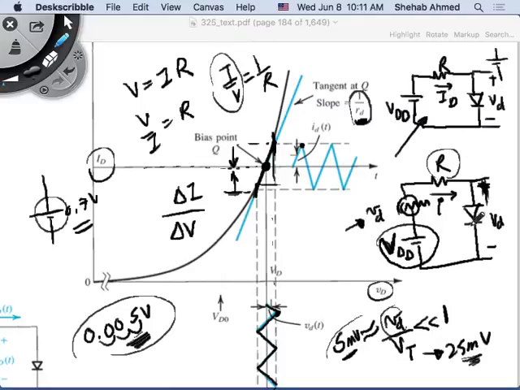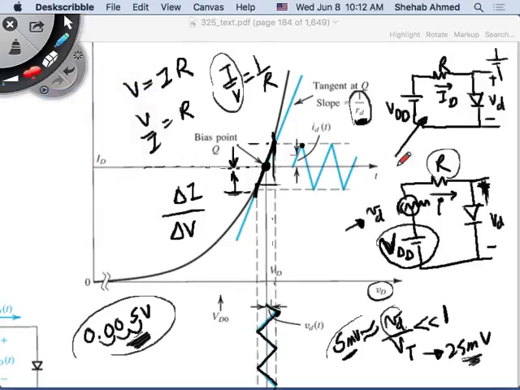But now, what do you do with this? If I'm going to use superposition, that means I'm going to come up with a circuit to represent the effect of this ripple on the diode, right? In superposition, you short one source and you look at the effect of the other source on the circuit. So here I shorted this source.